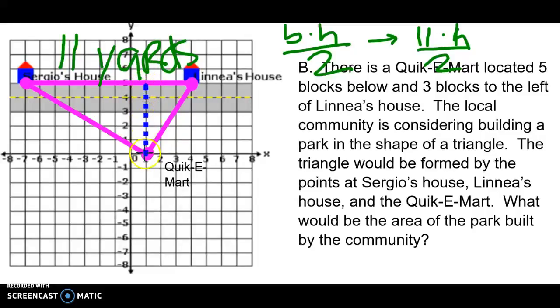That's the base, that's the top. So now that we've created this imaginary line, we can go ahead and do our bunny hops, or we can use absolute value. 3, 4, 5. So our height is actually 5 yards.